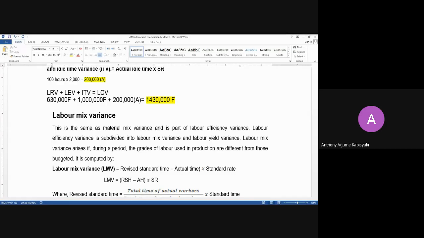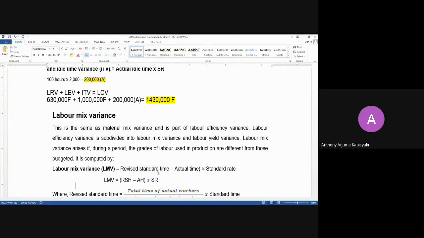For material mix, we were saying that you get the revised standard quantity by taking the individual standard units, divided by the total standard units, times the total actual input of raw materials.